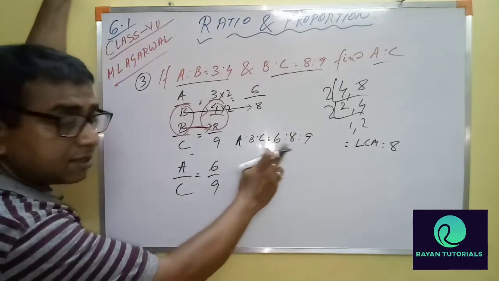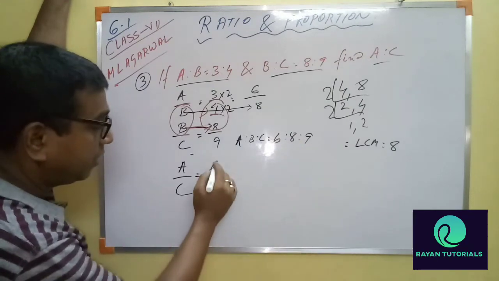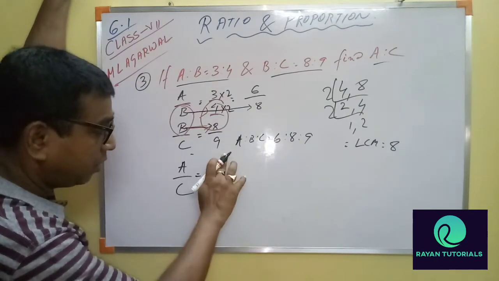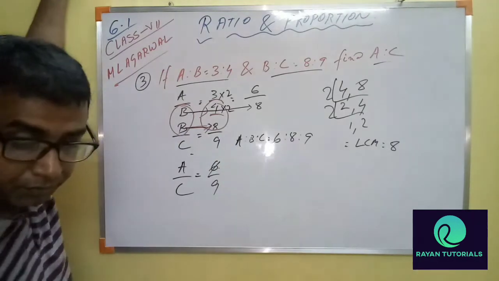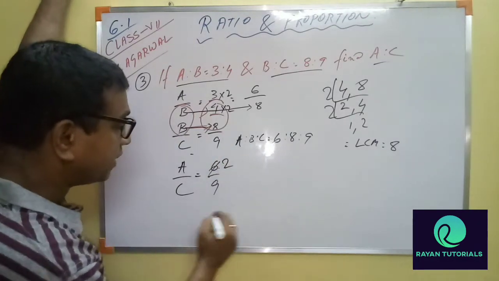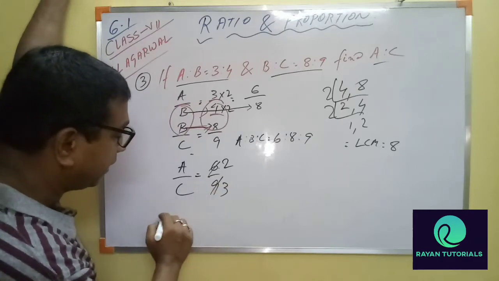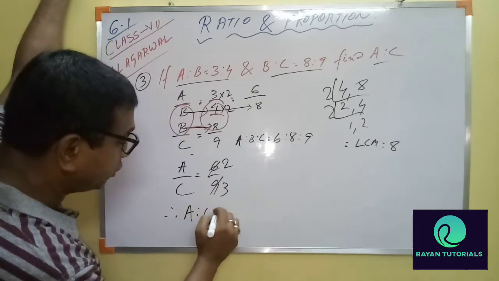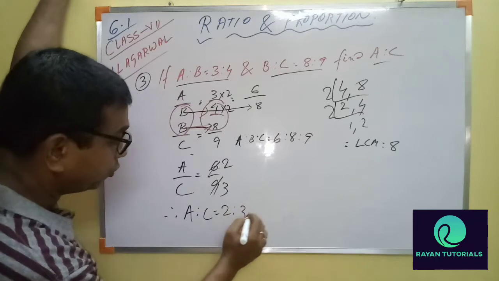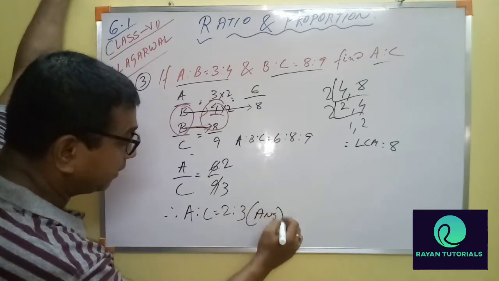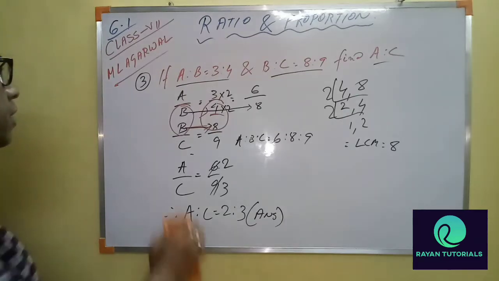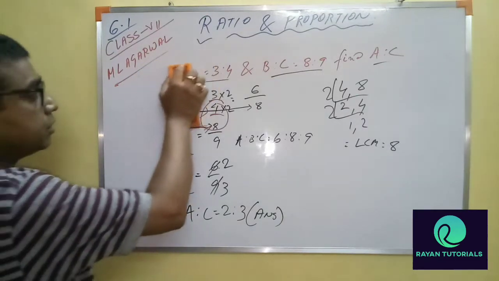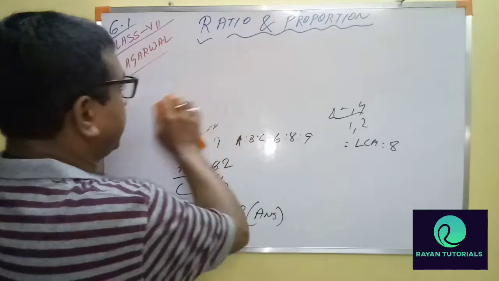Because A is 6, C is 9. 2 3s are 6, 3 3s are 9. Therefore, A is to C is equals to 2 is to 3. And that's my answer. Clear? Can I rub it? Okay.